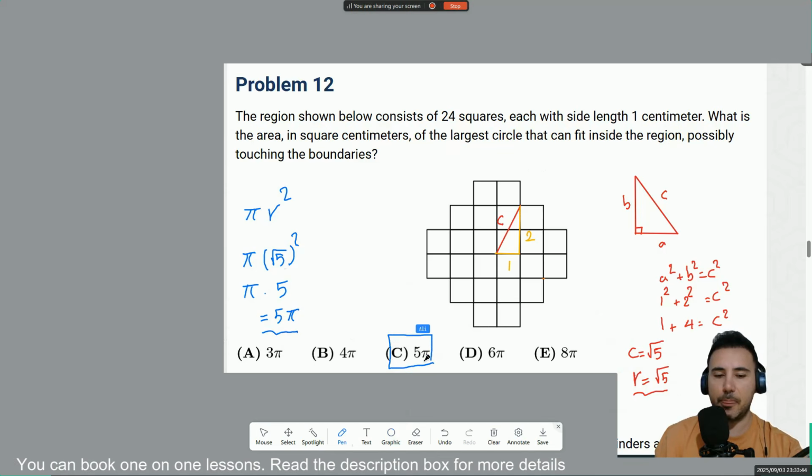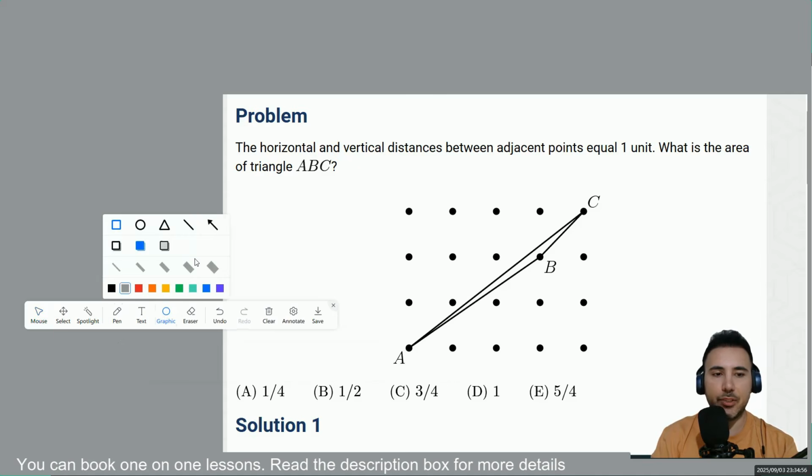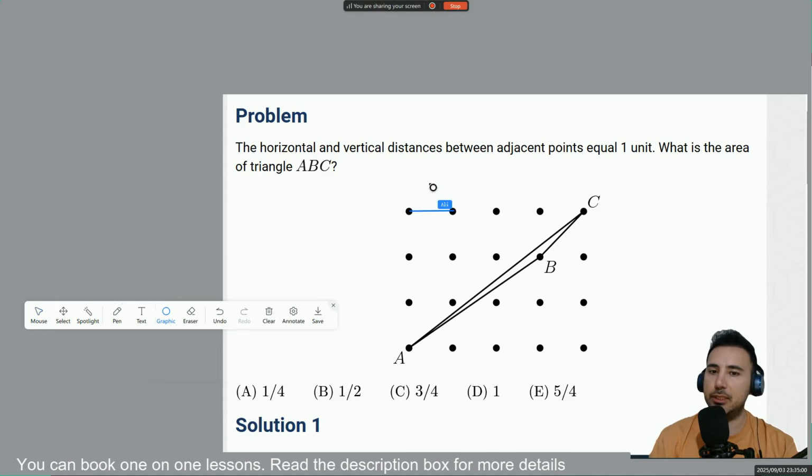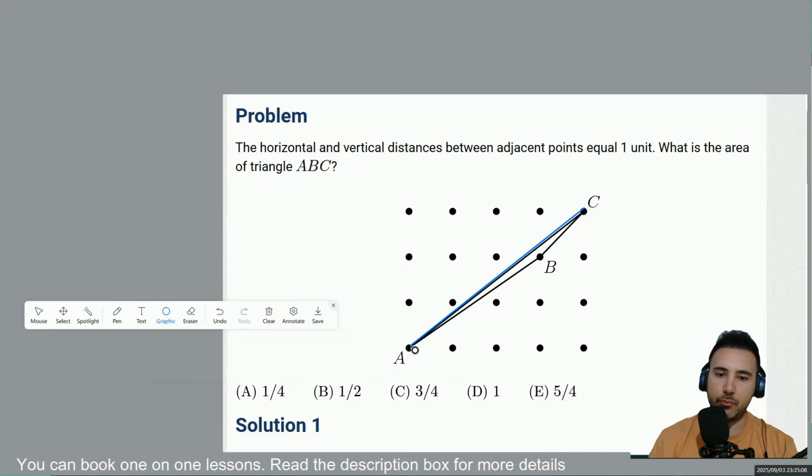So let me give you the question. This is the question I chose for you. The reason I selected it is that again the size of each square is 1. You may want to find, for example, how long this one is, A to C. This is 1 unit, 2 unit, 3 unit, 4 unit.